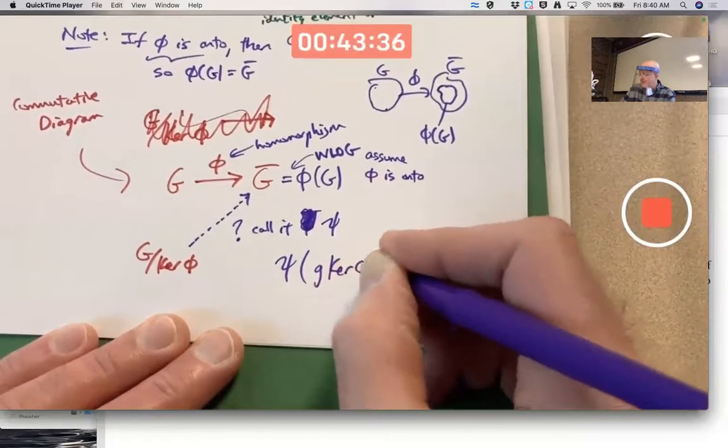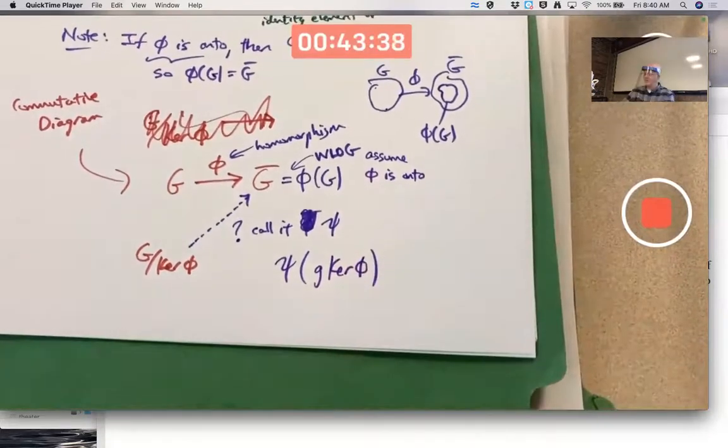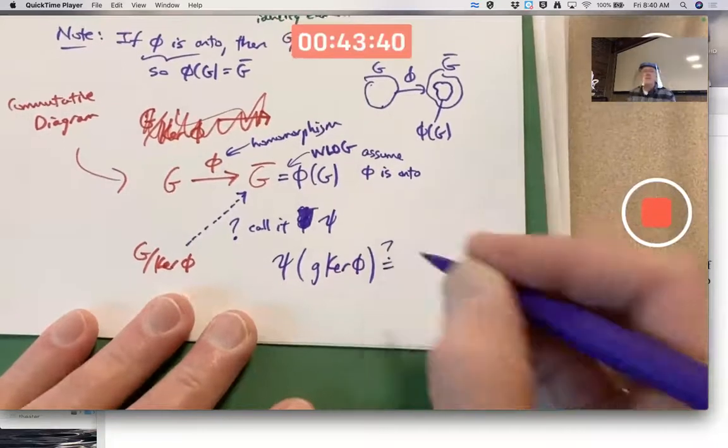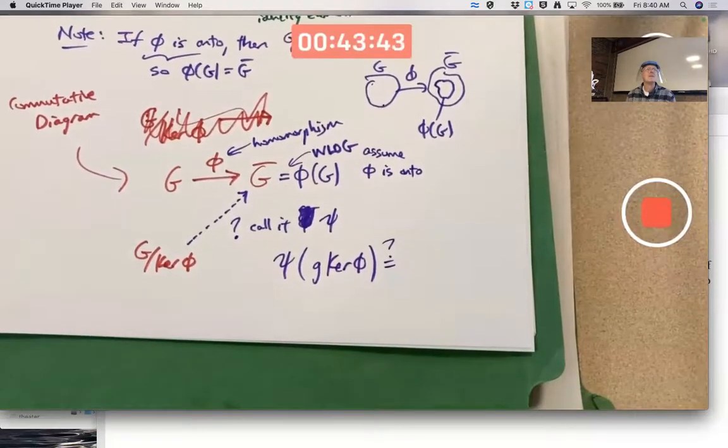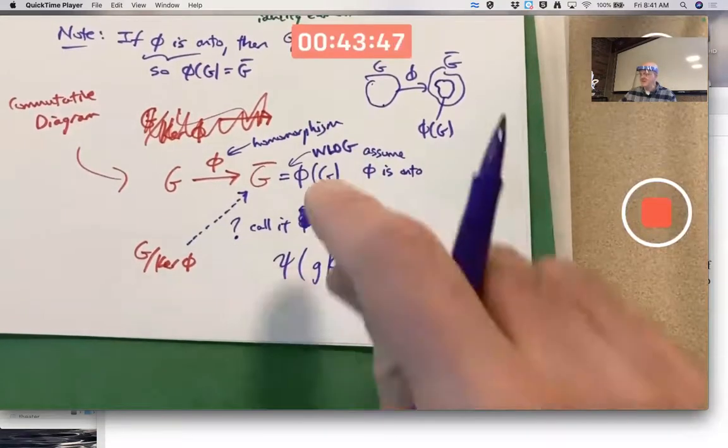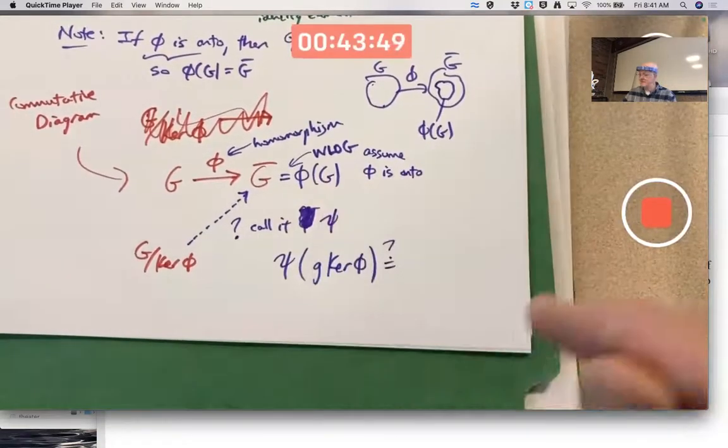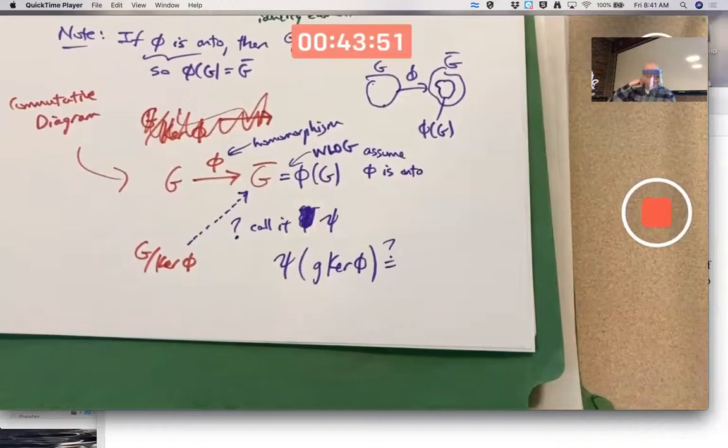I've got to come up with a formula for something like this. What should this equal? It's got to be an element of G bar, which again, I'm assuming is the image of G under phi. What's the only natural guess? Do you have a guess?